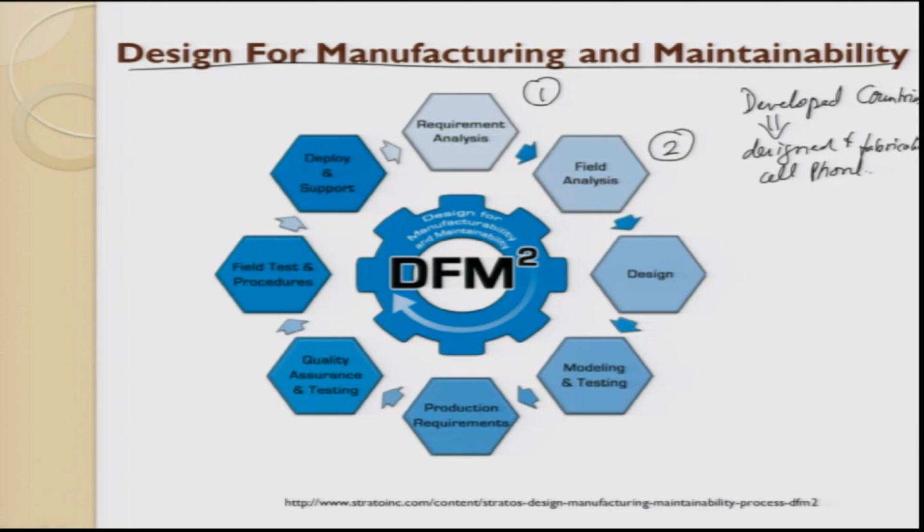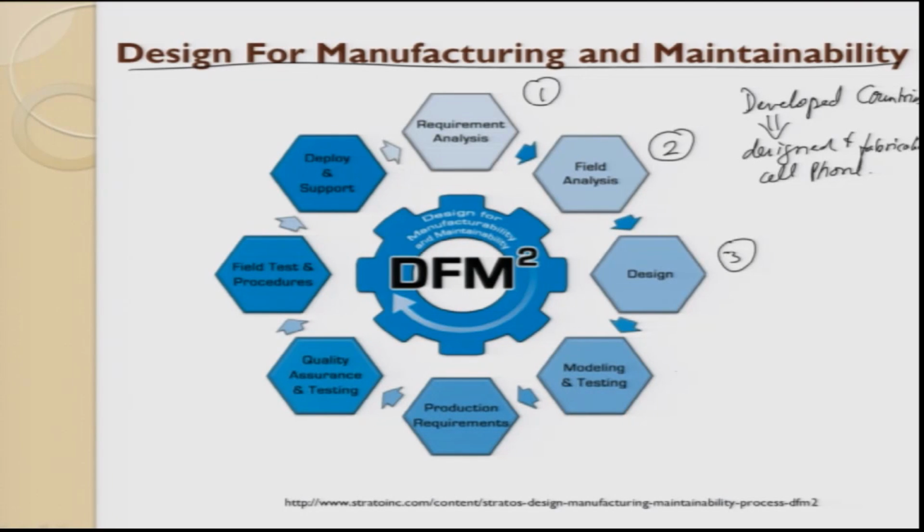But when they were doing it, they did not do a field analysis. For example, in underdeveloped countries, the requirements were different. I would like to quote a simple example here. The mobile phones which initially came into the market did not have an integrated light, because in developed countries there is no power cut. But when these cell phones were sold in underdeveloped or third world countries, there is a power problem. So integrating light was a big boon. Today, almost all cell phones are integrated with an LED light as a torch light.